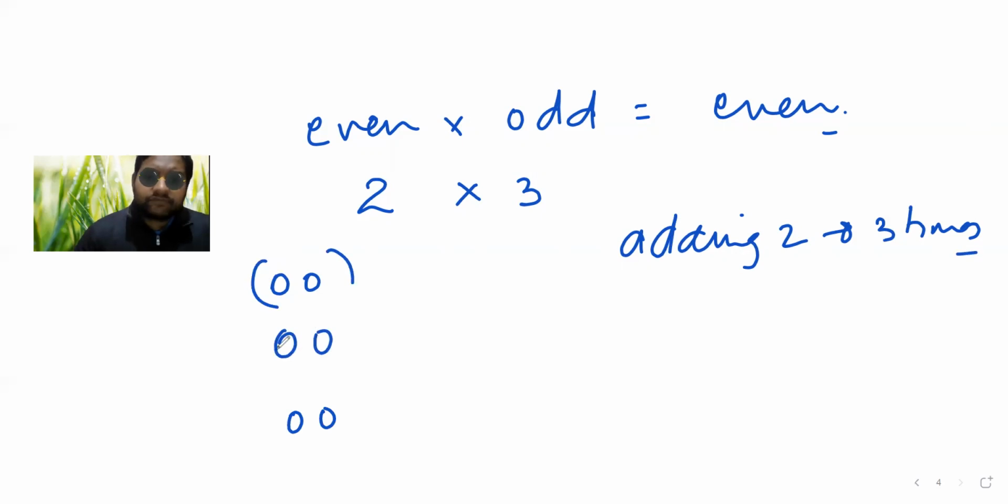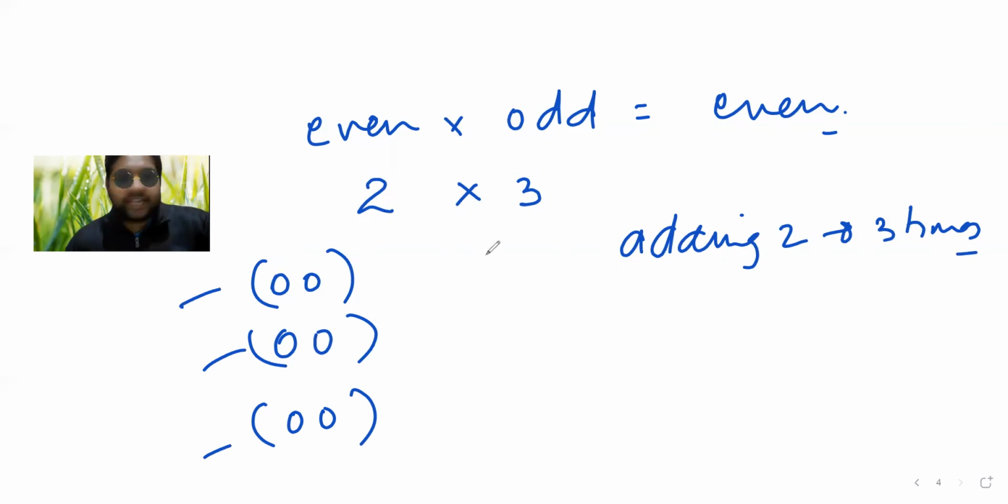So we have written this is one pair, this is 2 pair, this is 3 pair. And what did we learn? It doesn't matter how many pairs there are, as long as it is all paired up, it is an even number. If it is multiplied by an odd number or an even number, it will always occur in pairs. Therefore, the result will be an even number.